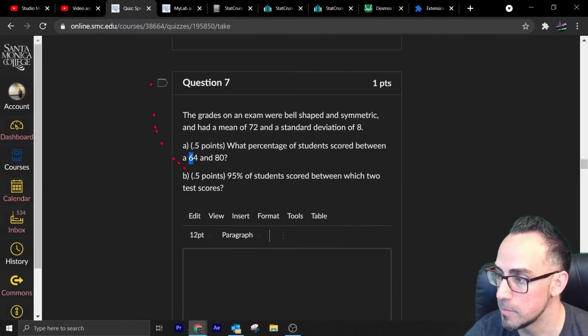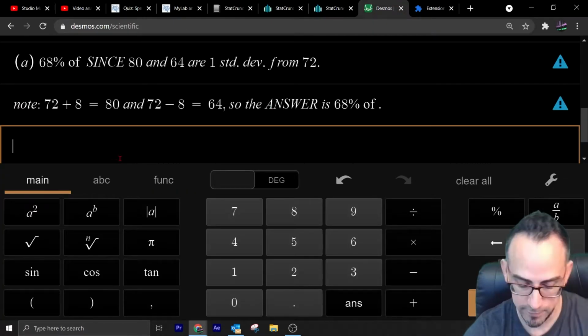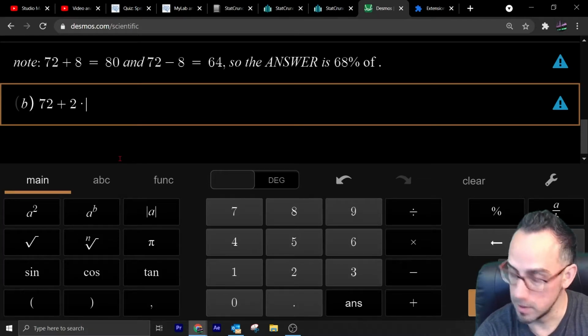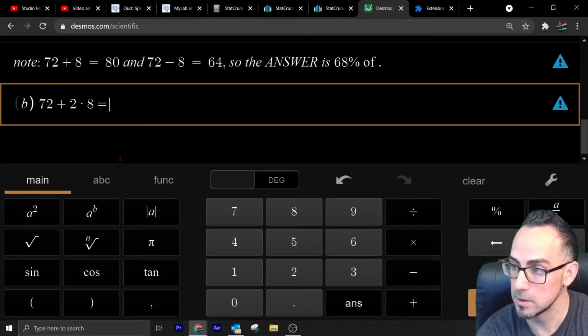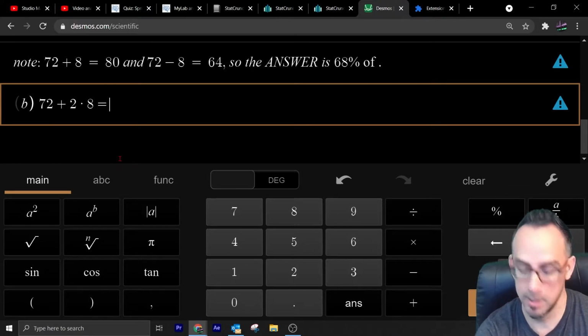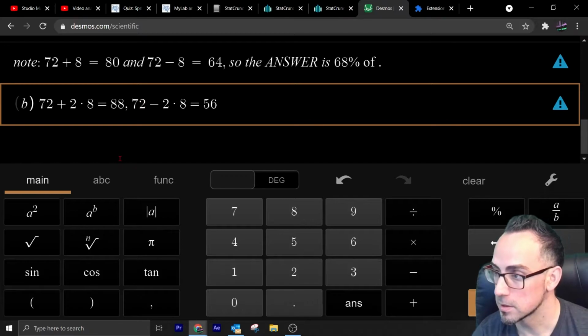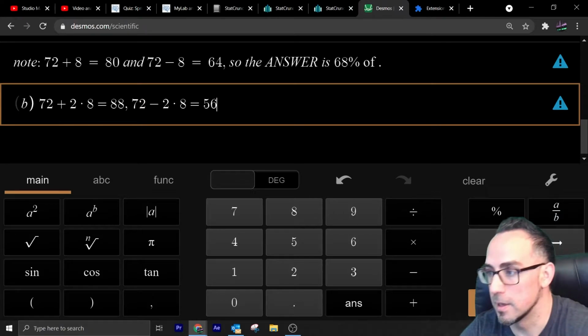Part B says 95% of students scored between which two test scores? We'll use 72 and 8 and multiply by 2 for that one. So for B, you'll say 72 plus 2 times 8 equals 88, and 72 minus 2 times 8 equals 56.